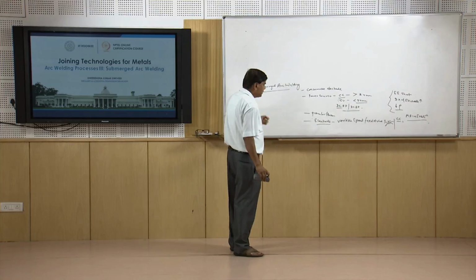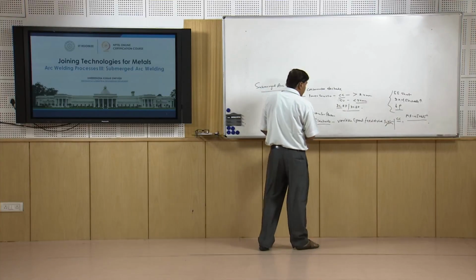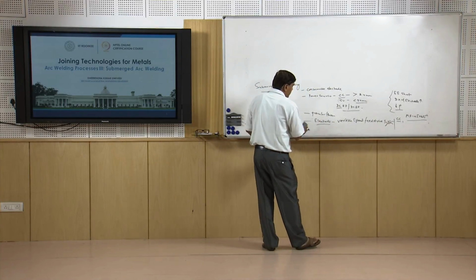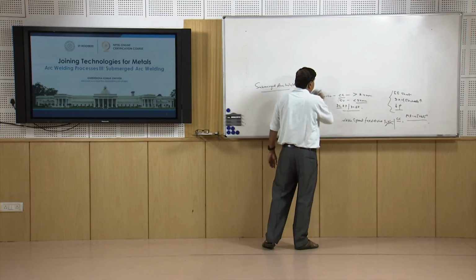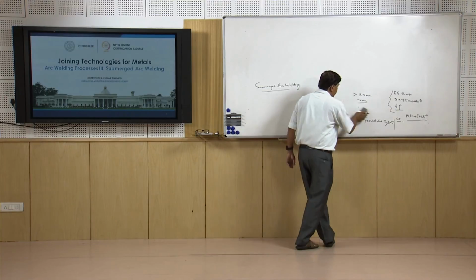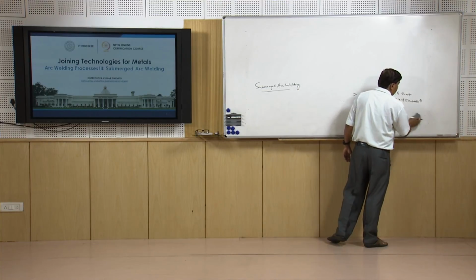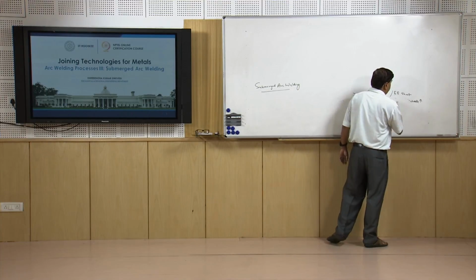Okay. So, now we will talk in detail about the role of the fluxes in submerged arc welding, how this process works, and what are the unique features related to this process.